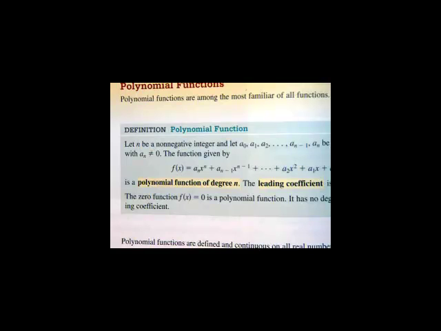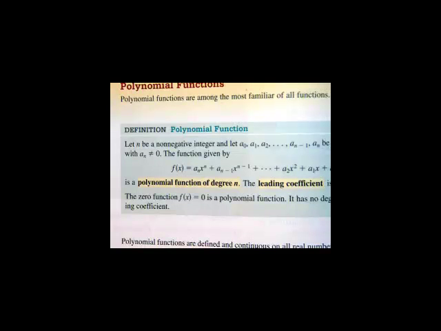So we have a bunch of coefficients, all multiplied by x, raised to some power. The powers start at n and also go down, etc., to 1, 0.